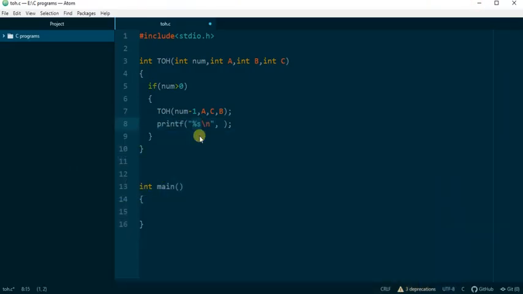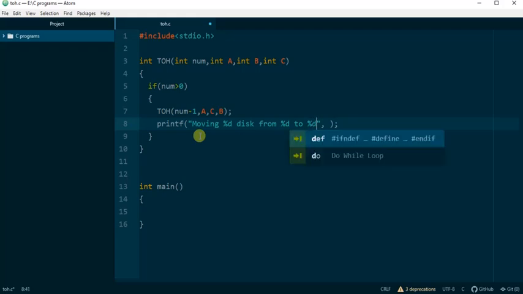That solo task would be performed every time. So we can write it here as percent s: moving disk, how many disks, so we have to use percent d disks from percent d to percent d.